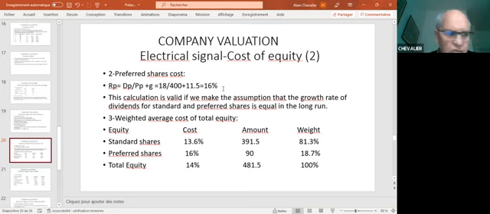So now, what do we have right now? If we try to summarize the elements for equity, we get cost for the standard shares, which is 13.6, and for the preferred shares, it is 16%. The amounts are 391.5 and 90, taking into account the data we know out of first calculations.